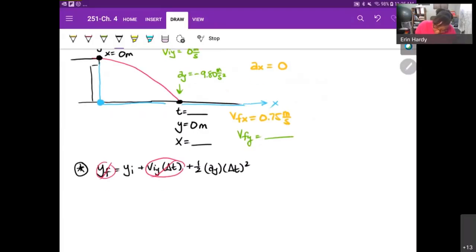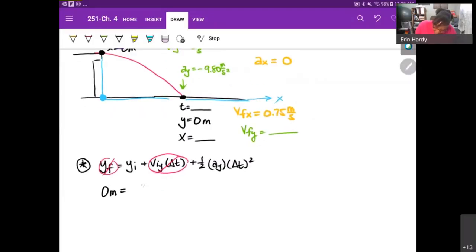And we can rewrite this as 0 meters is equal to 1.20 meters plus 1/2 times negative 9.80 meters per second squared times delta t squared. So we can solve this for delta t.